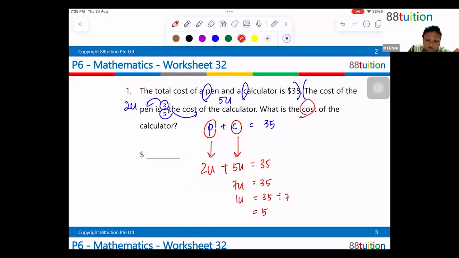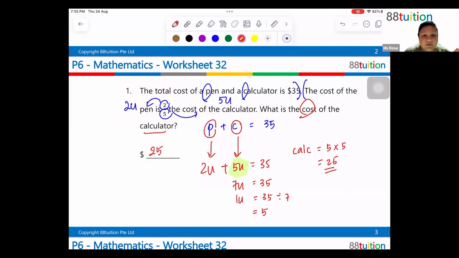So what is the cost of the calculator? We know we're finding the value of 5 units. So the calculator is 5 units to give me, yes, Brian, $25.